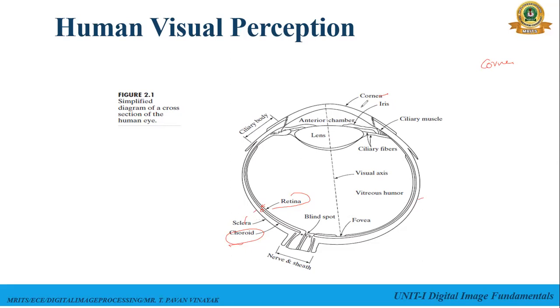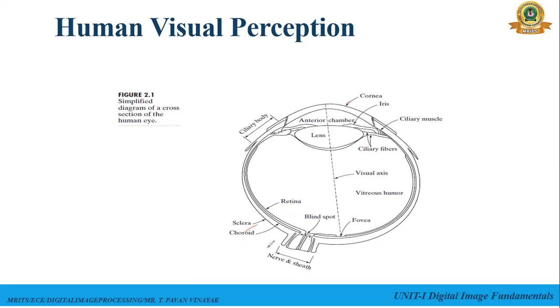Cornea, cilia. The topmost area is called cornea and the downside area is cilia. These are the transparent layers and tissues which protect the eye. It is called the outer layer of the eye, which protects the eye.